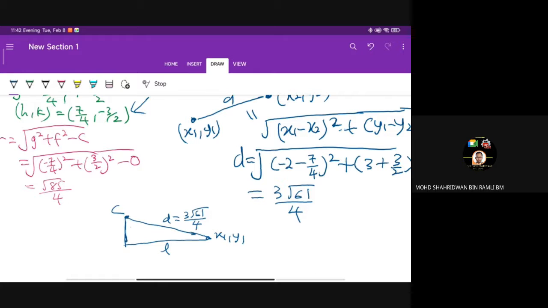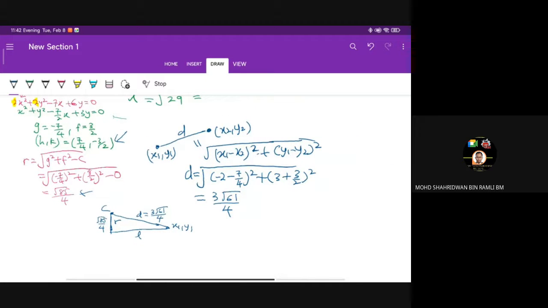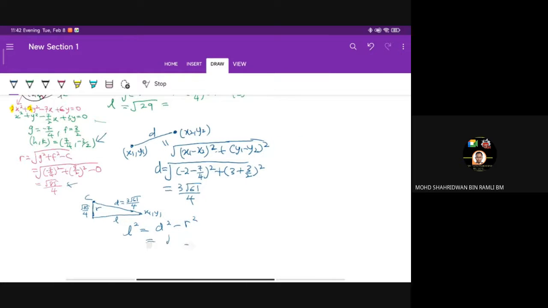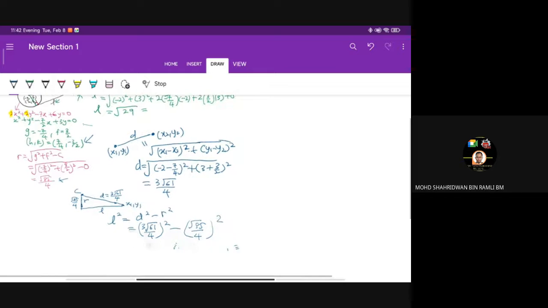And this is your radius from the tangent to this center, square root of 85 over 4. By using the Pythagoras theorem, you will have L squared equal to D squared minus R squared. Your D squared here is 361 over 4 minus R squared which is 85 over 4. And then L squared equals 29, and your L is also square root of 29.